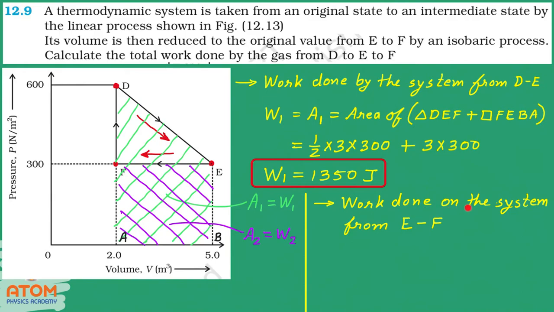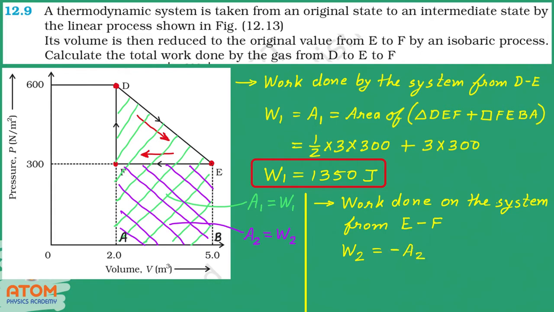Now the work done on the system from E to F. See, while the system is moving from E to F, it is work done on the system, because here the volume is decreasing. So volume decreases when the work is done on the system, on the gas. So the gas is being compressed, that means the volume is decreasing. That means it is work done on the system while moving from E to F. Now that will be equal to W2, but W2 will be equal to, as we already discussed, minus A2.